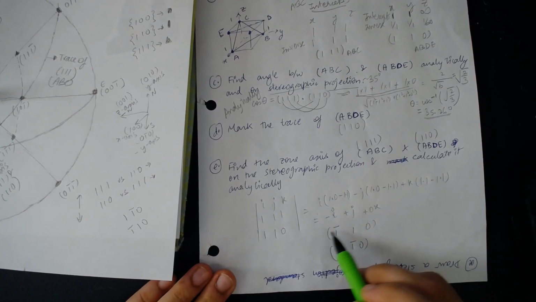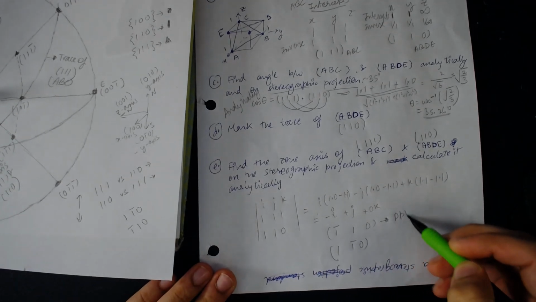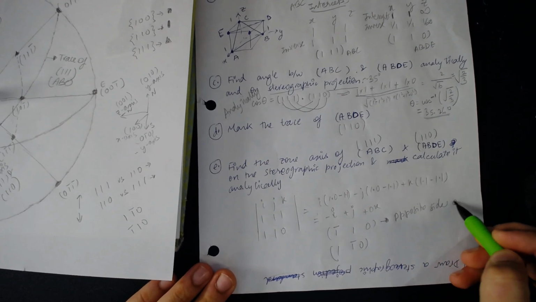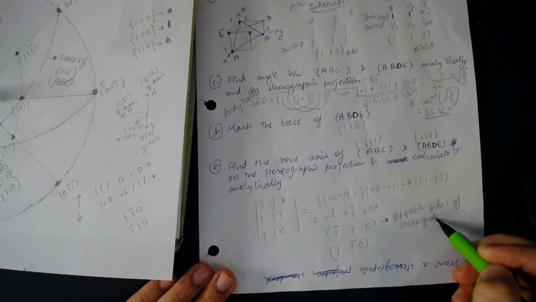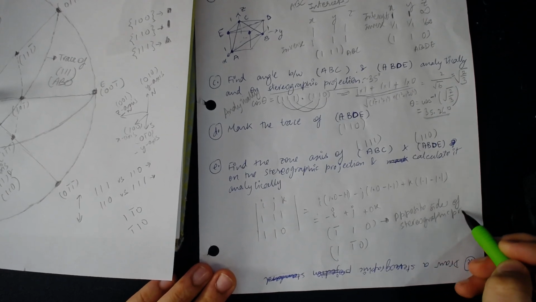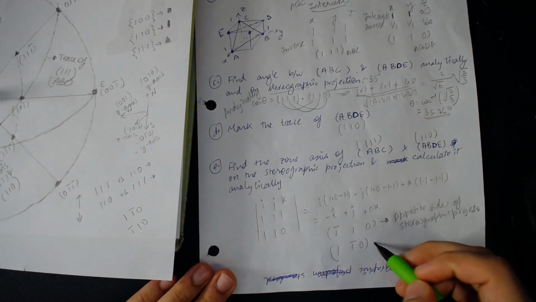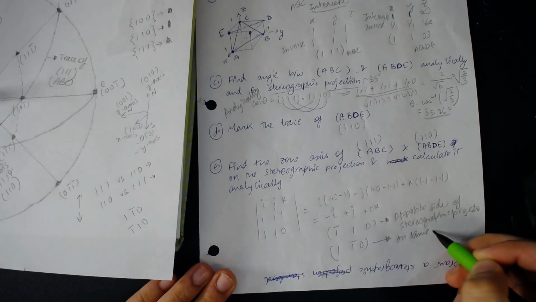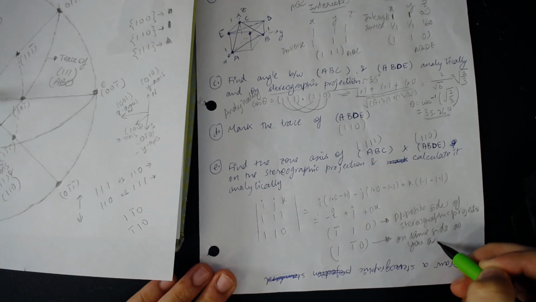So you can see that this will be on the opposite side of the stereographic projection, while the other one is on the side that you are looking at. So this one is on the same side as you are looking.